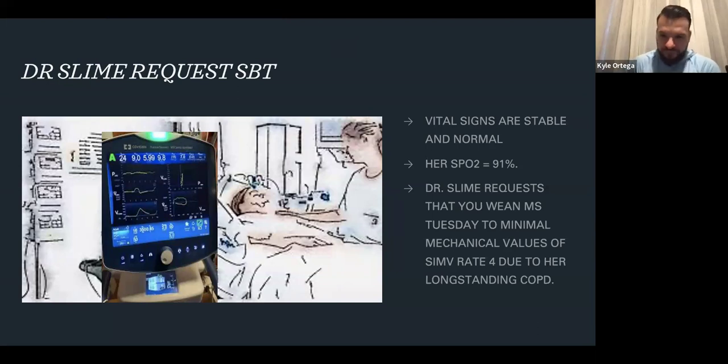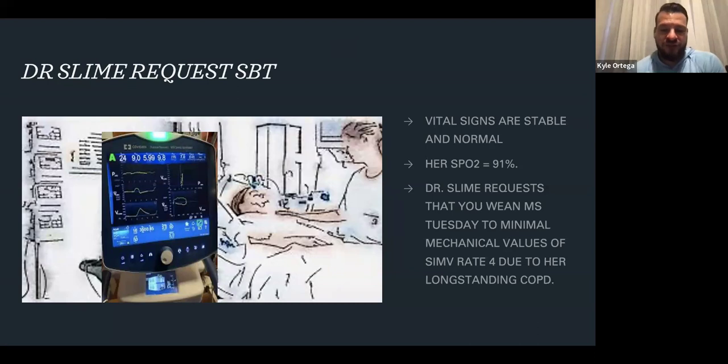All right, and then next, what her normal values would be. So she is 5'4", so that would be 54.7 kilograms. Her normal tidal volume range is going to be 328 to 437. Normal respiratory rate 12 to 20. And like her minute ventilation, 5 to 10, like we explained earlier.